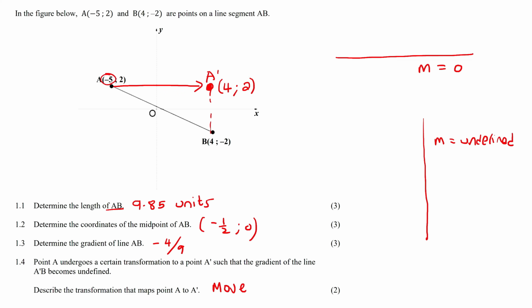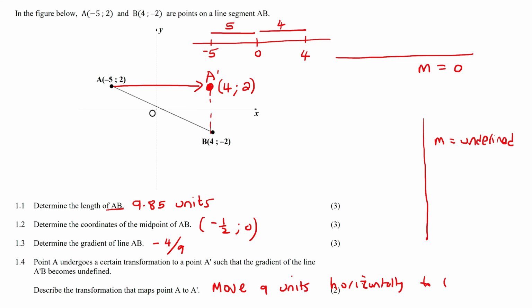You need to maybe take some time and think about that, but that is 9 units. On a number line, if you have -5 and then 4 and 0 somewhere in between, going from -5 to 0 is already 5, and then going from 0 to 4 is already 4, so 5 plus 4 is 9. So we're going to move 9 units horizontally to the right.